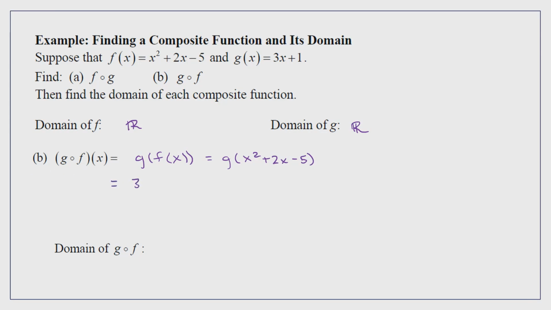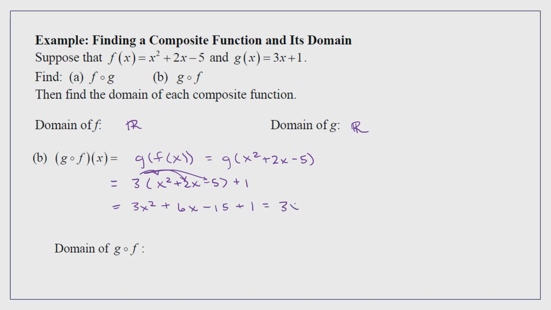So that will get me 3 times (x squared plus 2x minus 5) plus 1. So I'm going to distribute the 3, in other words, multiply it by every term within the parentheses. And I will have 3x squared plus 6x minus 15 plus 1.